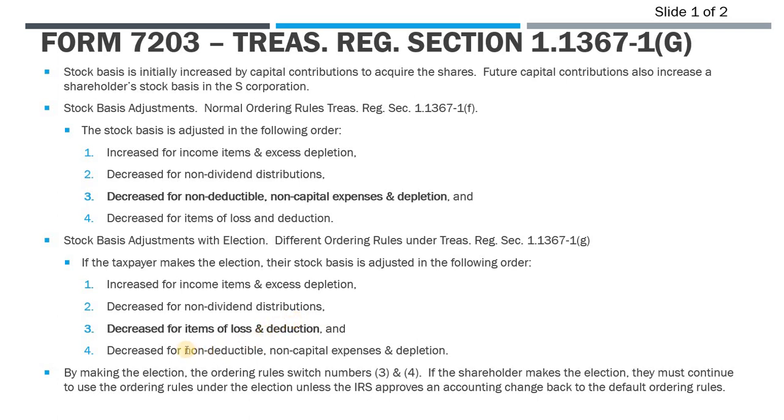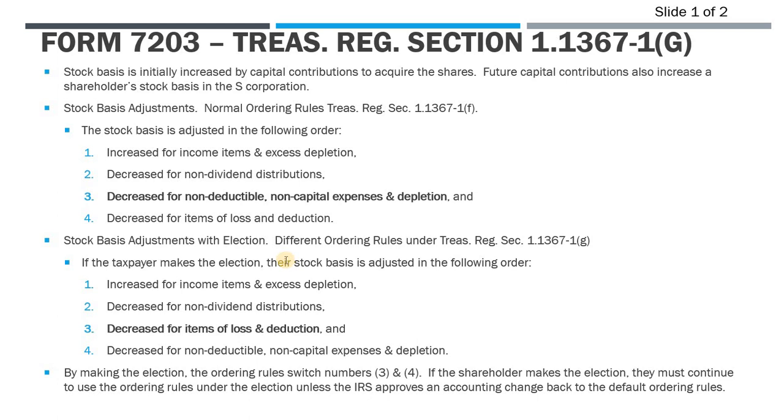But the third step now is you are decreasing your basis for losses and other deductions, and then non-deductible expenses come last. Everything is the same except we're just switching around items 3 and 4. If you decide to make this election, you have to keep using it. It's an irrevocable election. You keep using it unless you get permission from the IRS to change it.